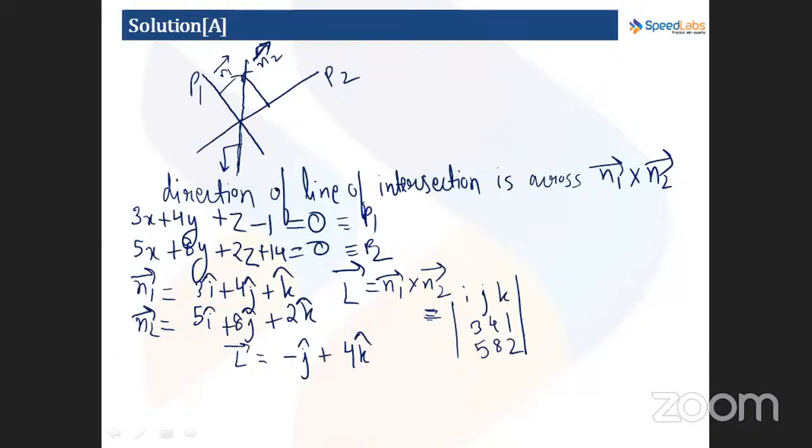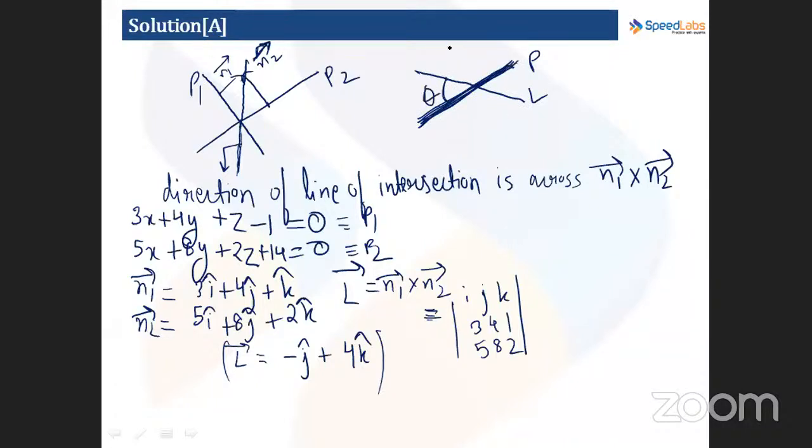Now, okay, I got this L vector. What I need to find is, some plane is given, P. I know this L. So I need to find this angle theta.